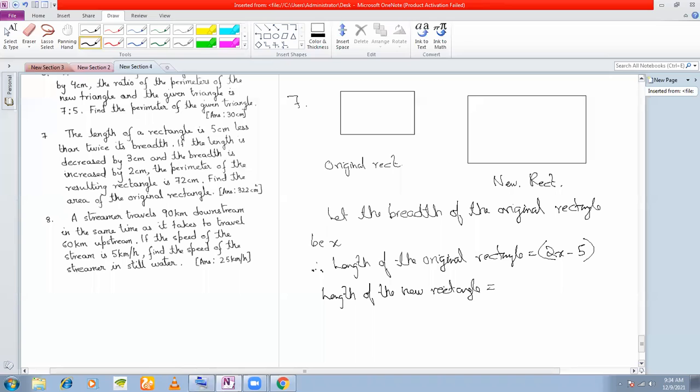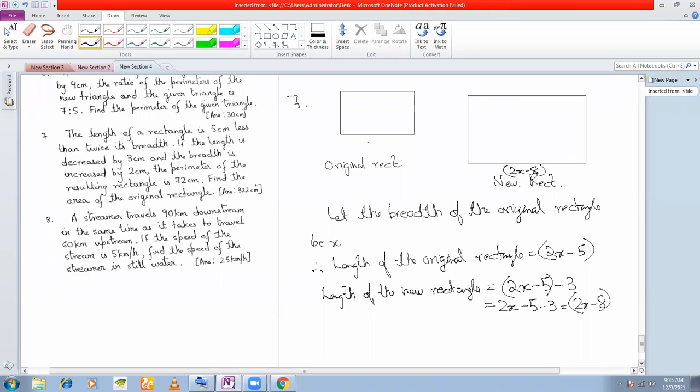Length is decreased by how much? 3 centimeters. The length of the original rectangle was 2x minus 5, and decreased by 3 centimeters, I get 2x minus 5 minus 3, which is 2x minus 8. This is the new length.